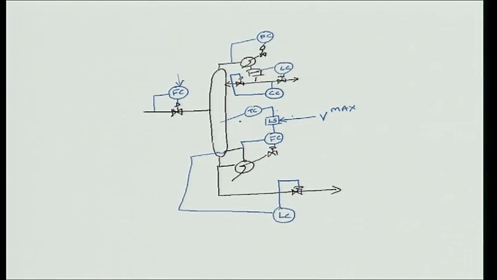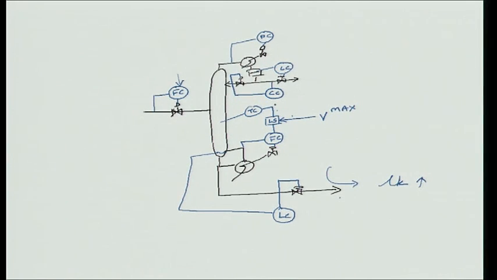Well, if temperature control is lost, then what will happen to the bottoms? Too much of the light key will start to leak down the bottoms, the light key will increase. So you will lose the control of light key dropping down the bottoms because temperature is uncontrolled.